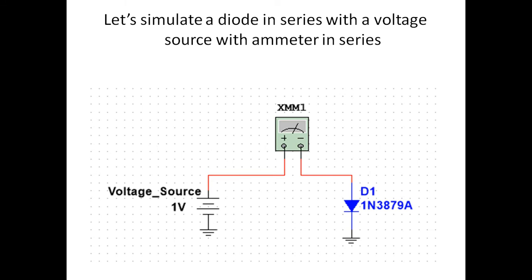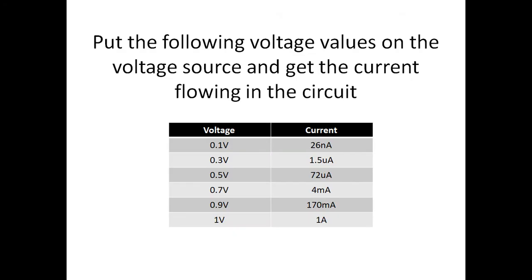Na-simulate ko na to sa Multisim, and lagay ko dito yung different voltages na ina-apply ko. Nag-start ako kay 0.1 volt, and then nag-increment ako by 0.2: from 0.1, 0.3 volt, 0.5, 0.7, 0.9, up to 1 volt.